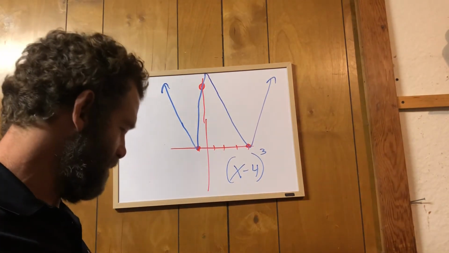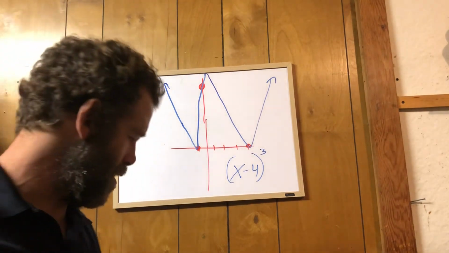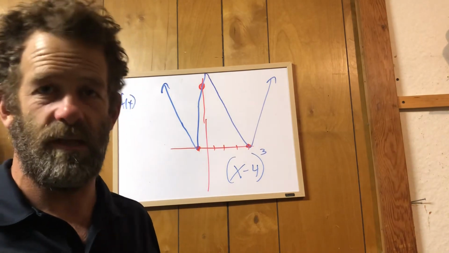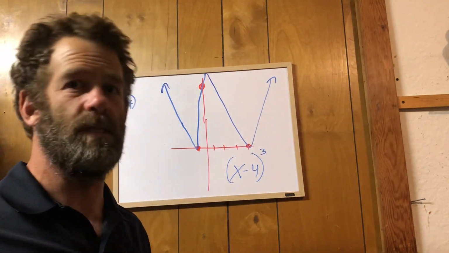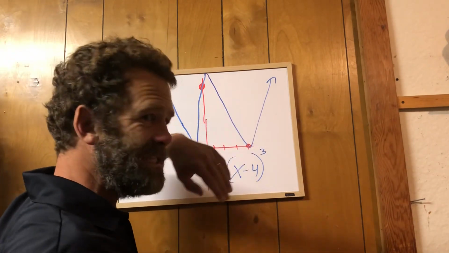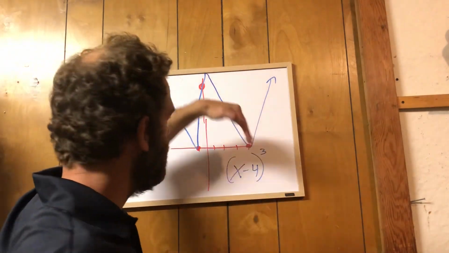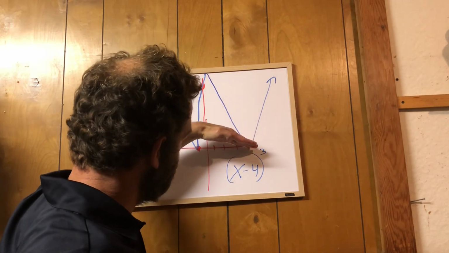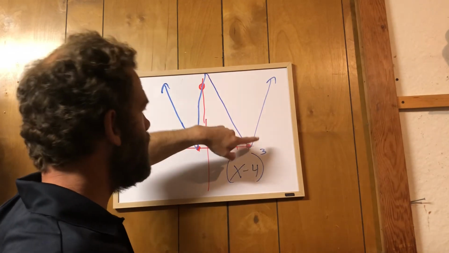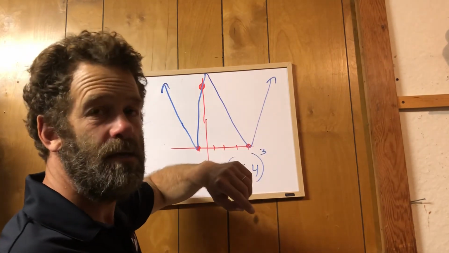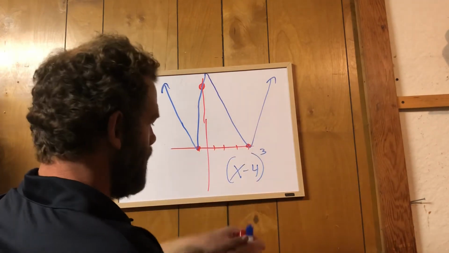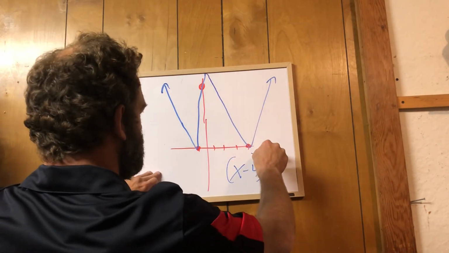Whenever you have x minus 4 squared, x minus 4 to the 4th power, x minus 4 to the 6th power, as long as it's an even exponent, it flattens a little before it bounces back up. The smaller the exponent, when it's an even number, the quicker it bounces.